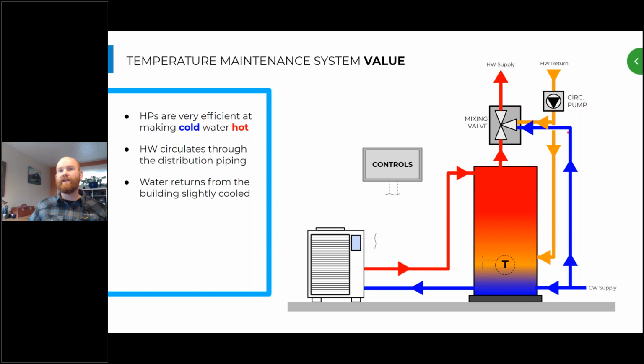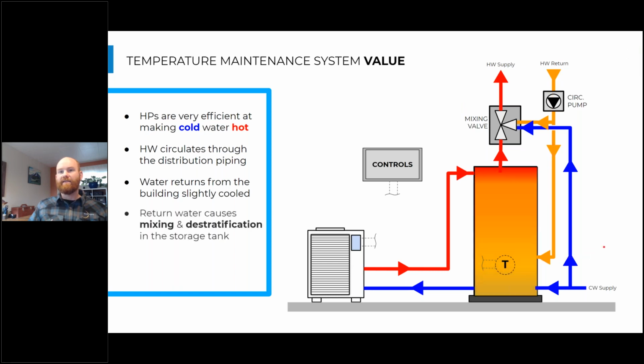So this is really important for our occupants so that they're not draining a bunch of cool water out of the hot water distribution system to get hot water at their fixture. But returning this hot water to the tank in continuous operation de-stratifies the tank, or mixes the tank.